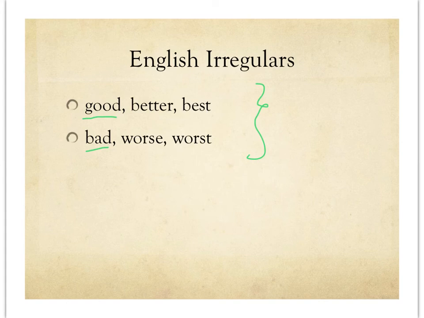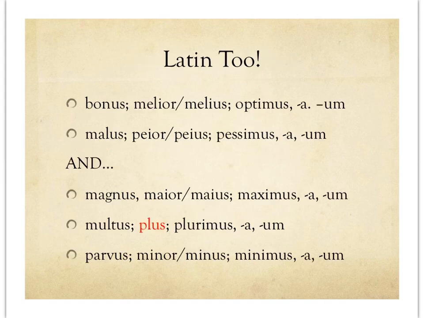With all the other ones, with a couple of little tiny strange things, they follow a model that is completely regular, and I could give you any adjective in the world and you could give me the comparative and superlative. With a handful of Latin adjectives, you can't do that. You just have to memorize them in the way that people who are learning English, who aren't native speakers, have to learn good, better, best, bad, worse, worst. So let's look at those examples.